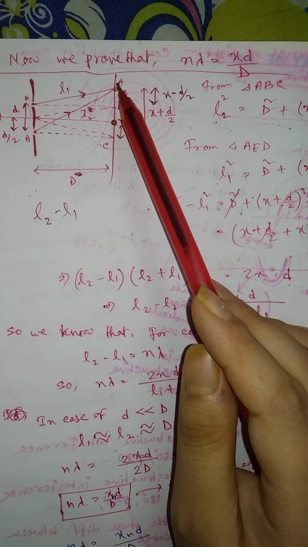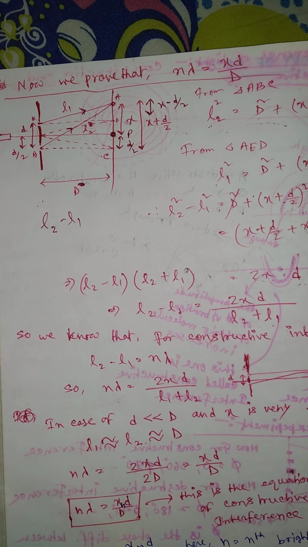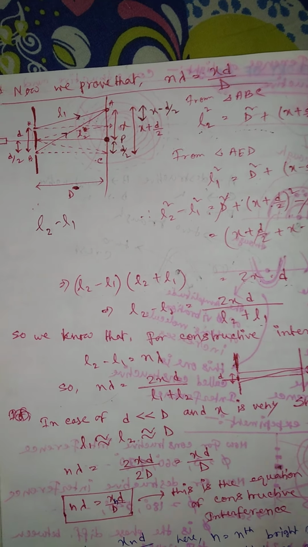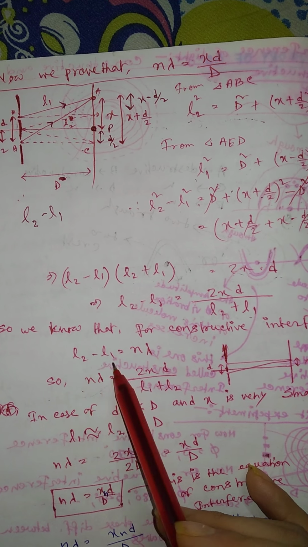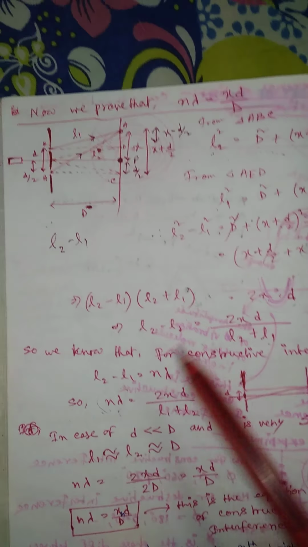We already discussed that. What is the path difference for constructive interference? λ, 2λ, like this, right? So if the path difference between these two rays is nλ, then we will get constructive interference, or bright fringe. So nλ equals 2xd by (L1 plus L2).